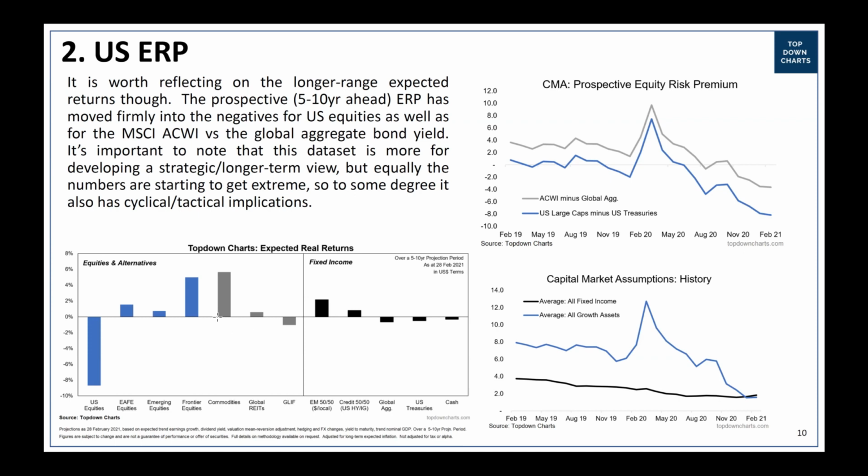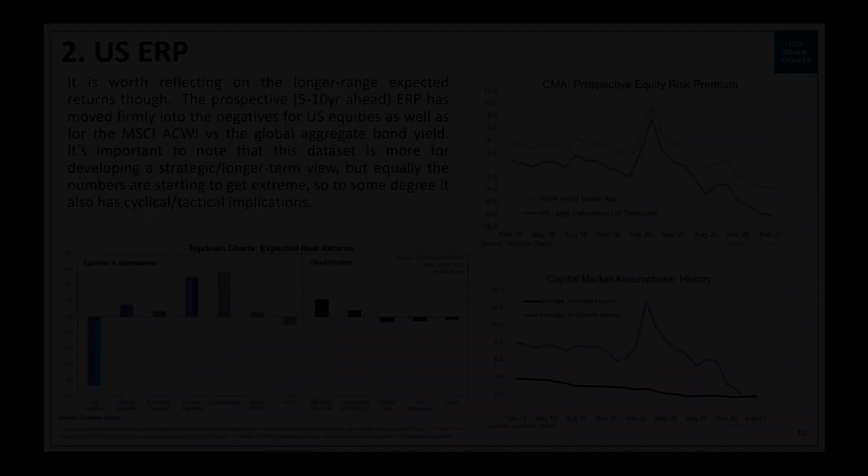But given the dynamics I talked about, I think it makes more sense to be more active within the split of growth assets. So, getting a bit more granular in terms of regions and countries, and also thinking about commodity exposure versus equity exposure. So that's basically it for that topic.